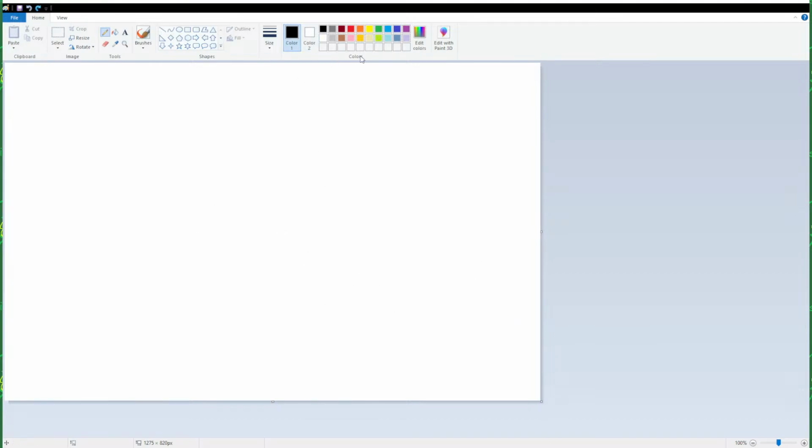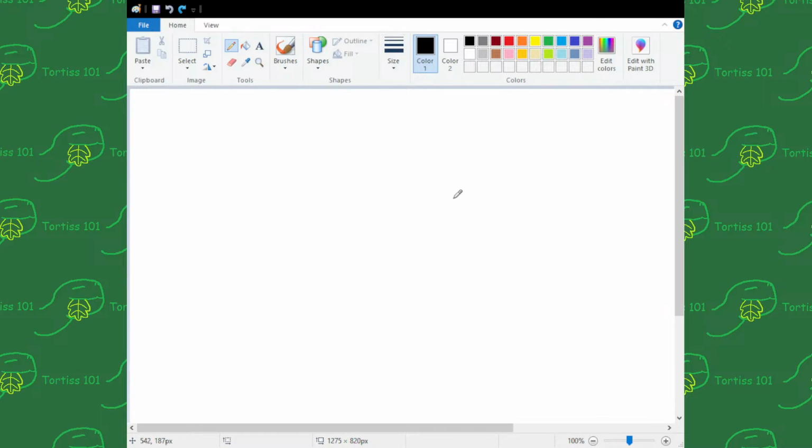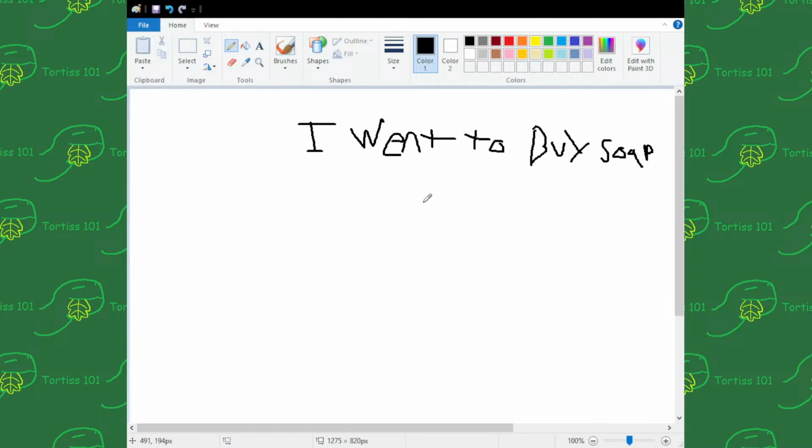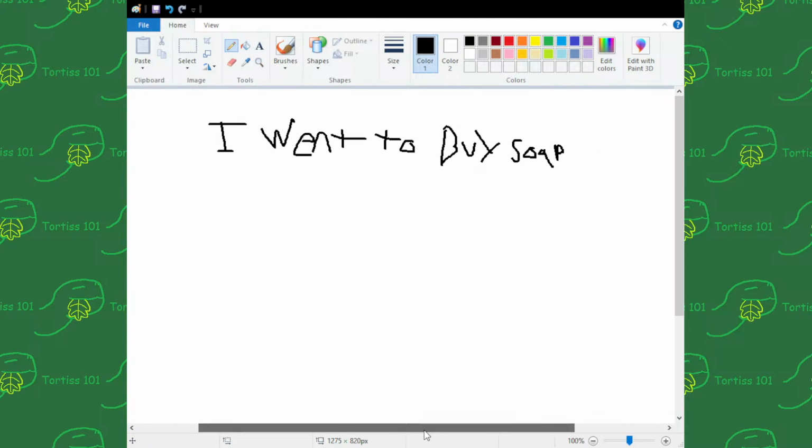Okay. So, let's get thick. So we have our main, one sec. So I went to buy soap. Ignore my horrible handwriting, I'm drawing with a mouse. So, we've got our noun phrase. That's our subject.